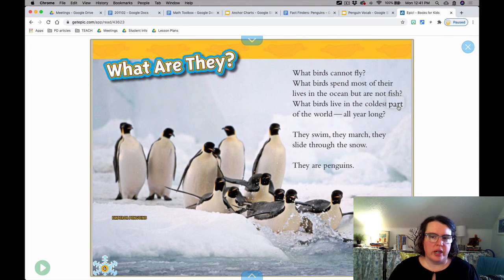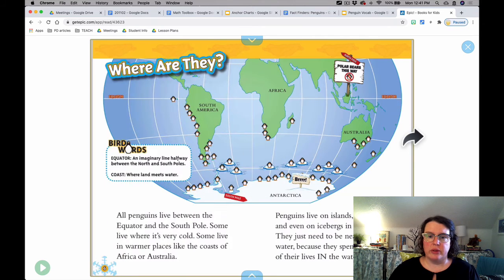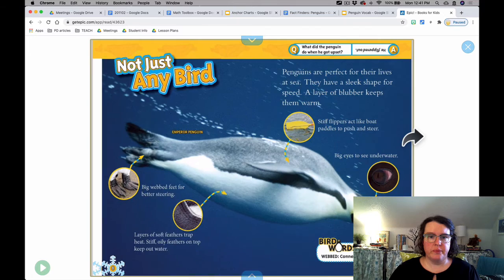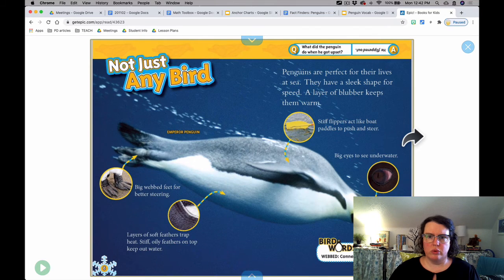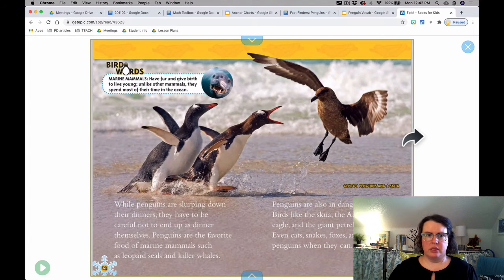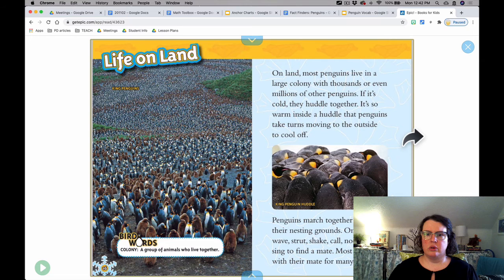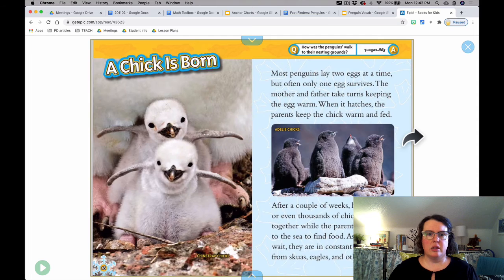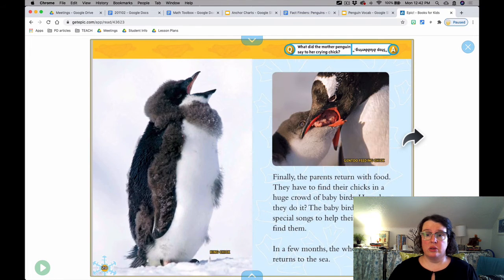Just take a quick look at the rest of this book. We're not going to read any more today, but I just want you to take a look and see what else we might learn in this book. Ooh. What's for dinner? Oh, I'd love to know. Whoa, that's a lot of penguins. Man. Baby penguins.